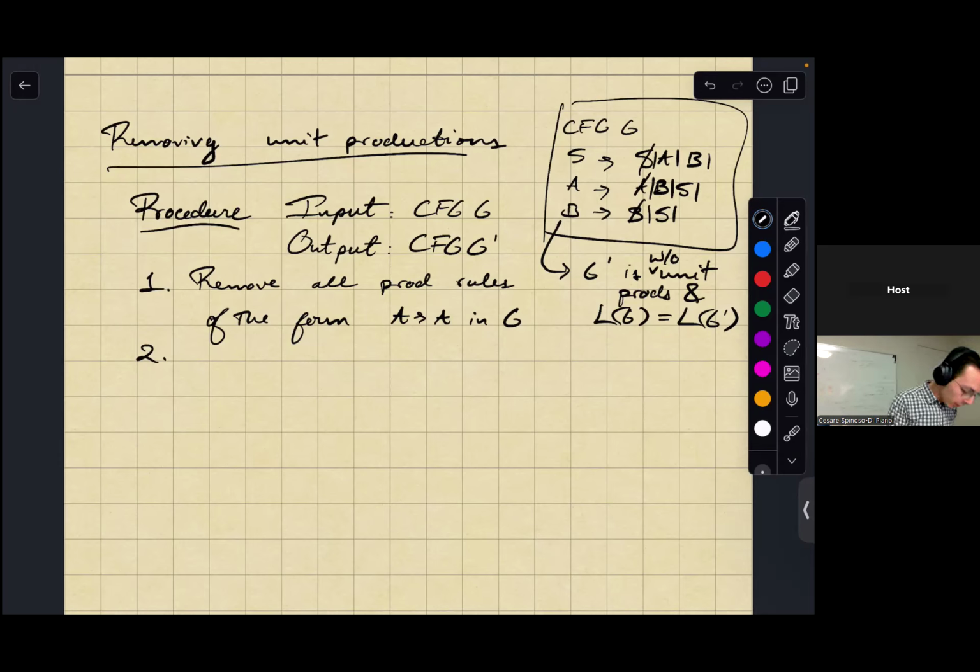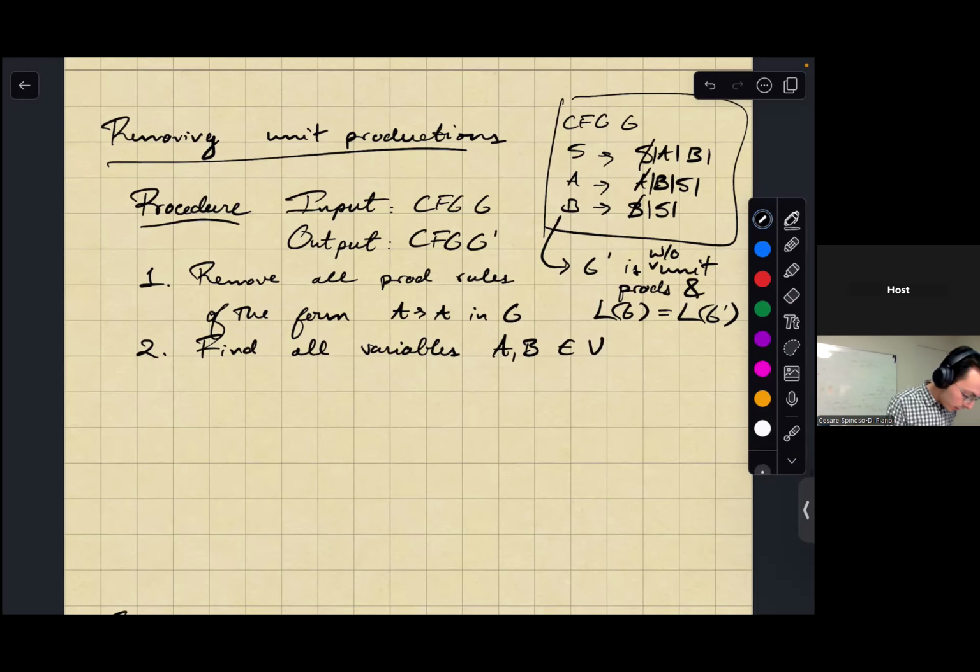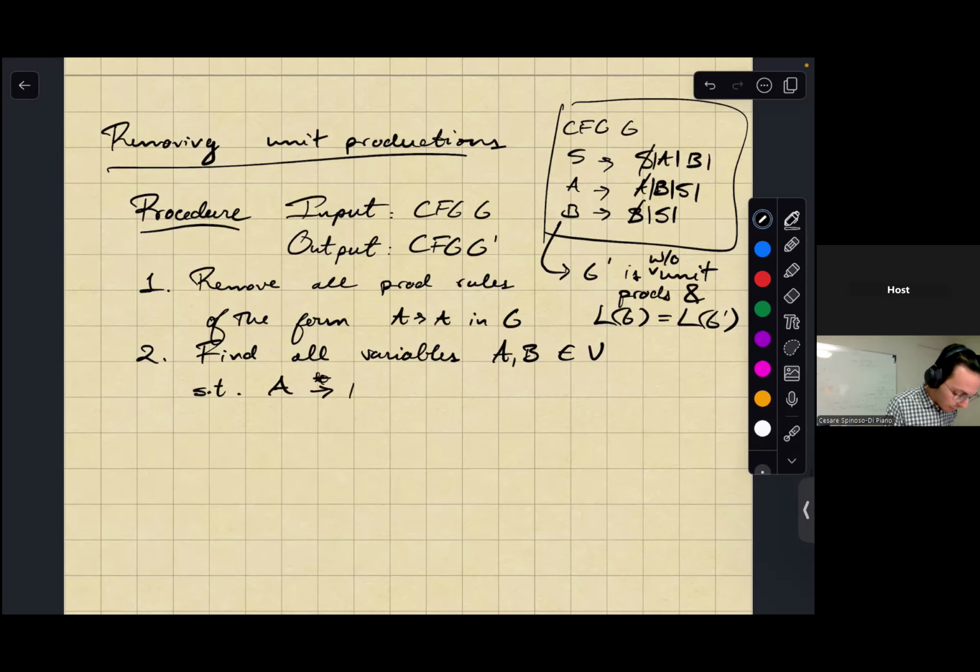So we need to find all variables A, B in V, where V is the set of variables of G, such that A in some number of steps derives B. So you could, of course, have direct unit productions or direct connections between two variables. So you could have something like A gives you B.